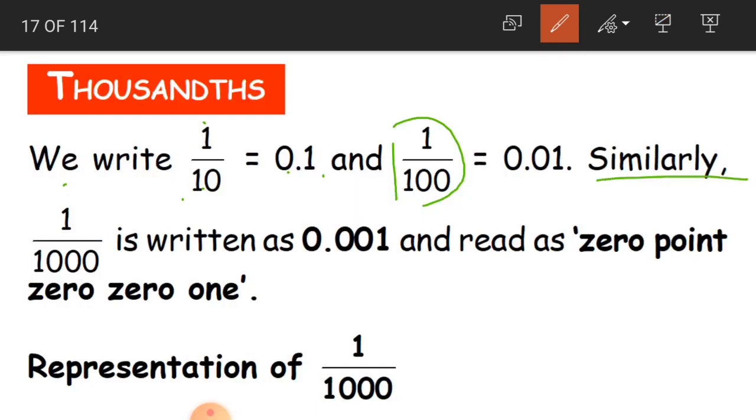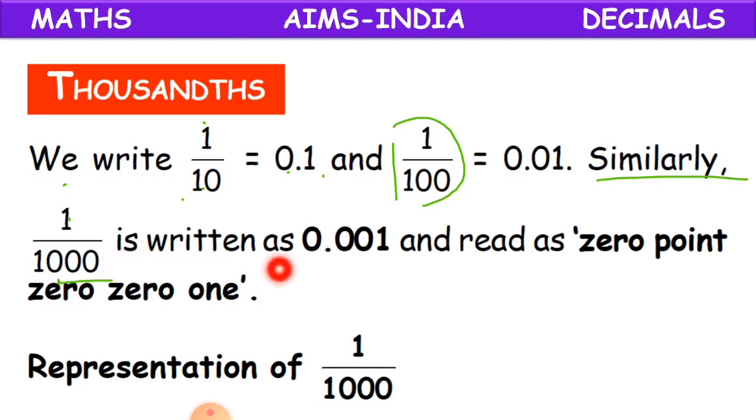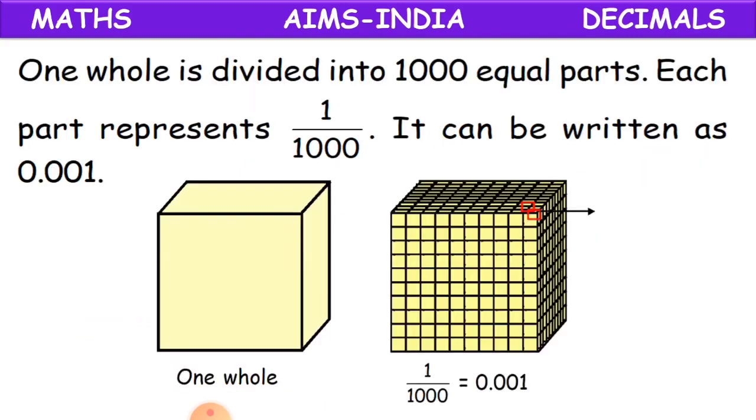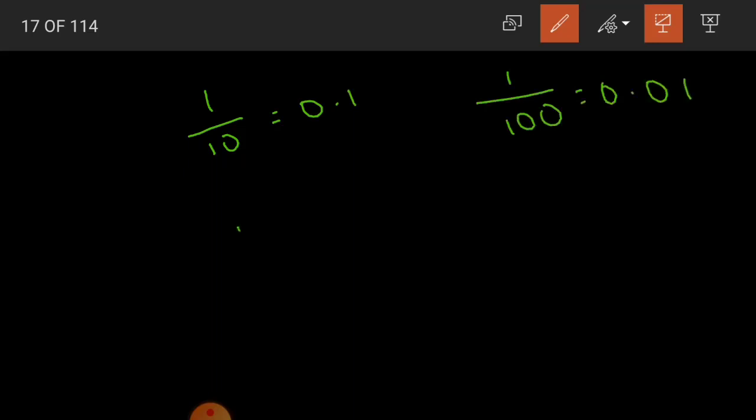Now in the same lines, 1 by 1000 is written as 0.001 and read as 0.001. Representation of 1 by 1000. Again, what are they saying? In the same way as 1 by 10 is equal to 0.1, 1 by 100 is equal to 0.01, what will 1 by 1000 be equal to?